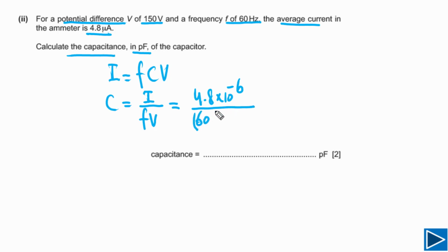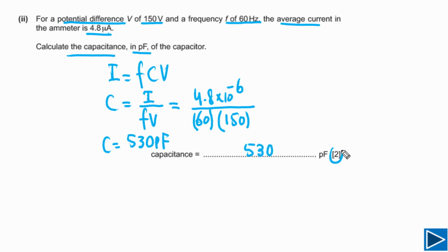The value of frequency is equal to 60 hertz, and potential difference is equal to 150. Now if we solve this one, we can get the value of capacitance. That will be equal to 530 picofarads, and that's the final answer. Simply we need to write down 530 picofarad.